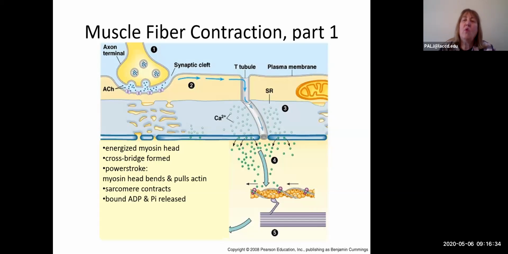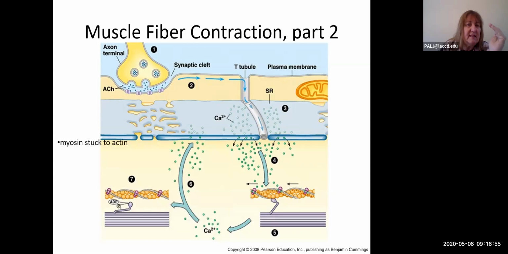Once it's contracted, the ADP and the inorganic phosphate on the myosin head are released. The myosin head is still stuck in place. Meanwhile, the calcium ions have removed themselves from the troponin. They're back in the cytosol.